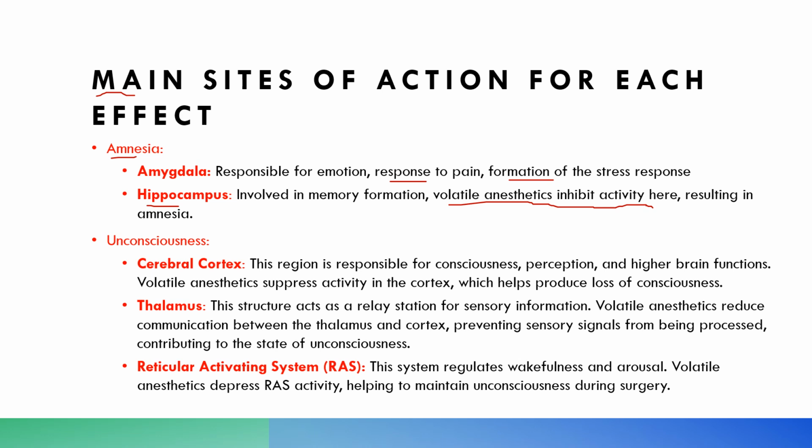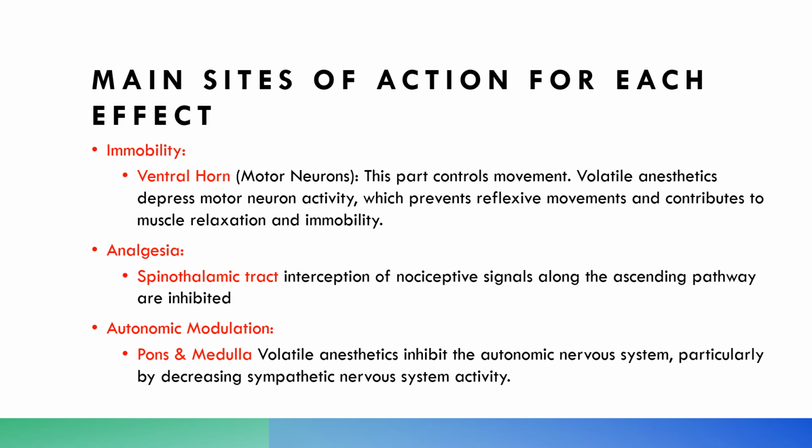Unconsciousness is elicited through the cerebral cortex, the thalamus, and the reticular activating system. Okay. When we think about immobility, this is important. In the spinal cord, the ventral horn, which are your motor neurons, volatile anesthetics depress motor neuron activity, which is going to prevent reflexive movements and contribute to muscle relaxation and immobility.